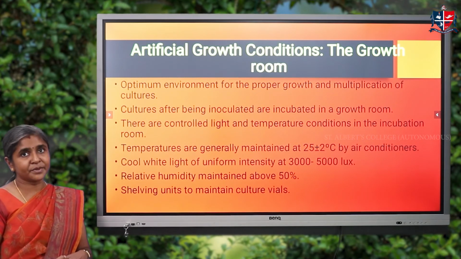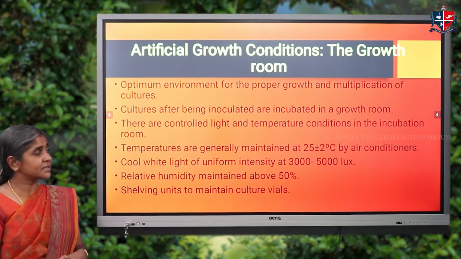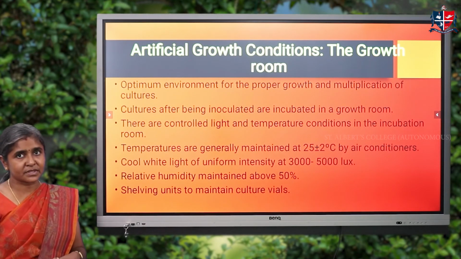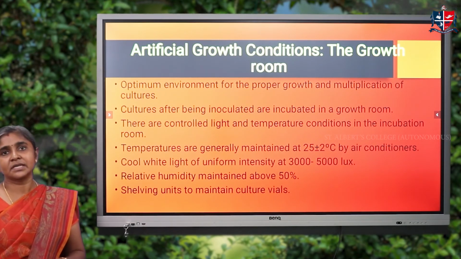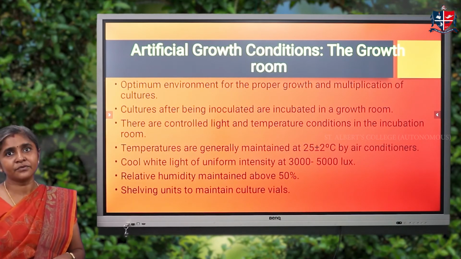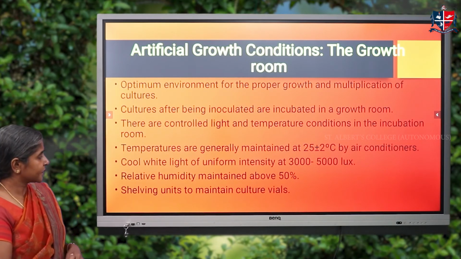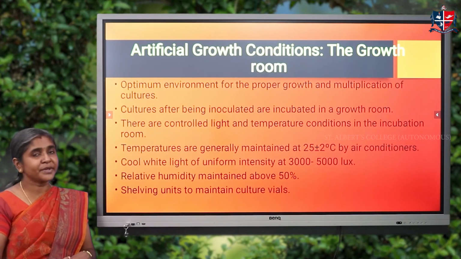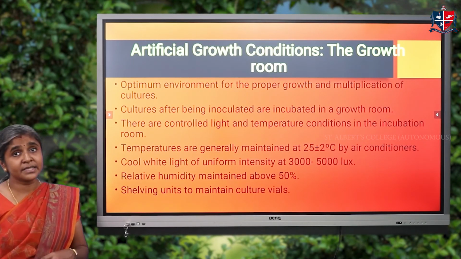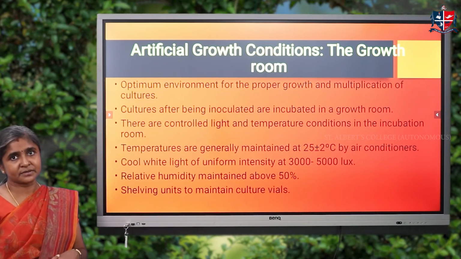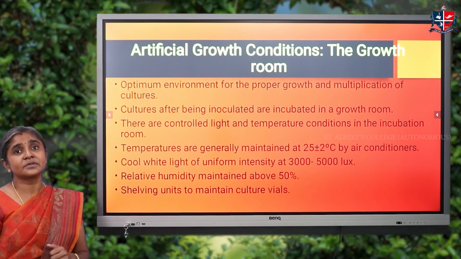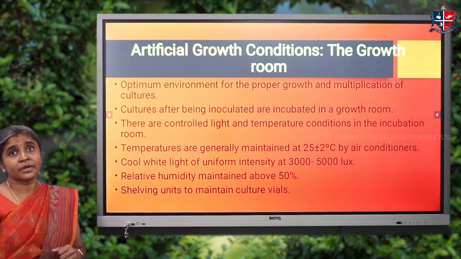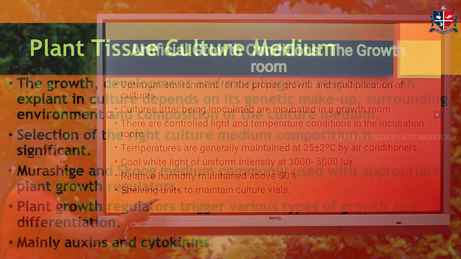Then relative humidity, which is generally maintained above 50%. And if there are variations, then interventions have to be done to ensure the required humidity in the cultures. Then shelving units to maintain cultures in a neat and tidy environment. So these are the conditions with respect to the growth or incubation of the cultures.